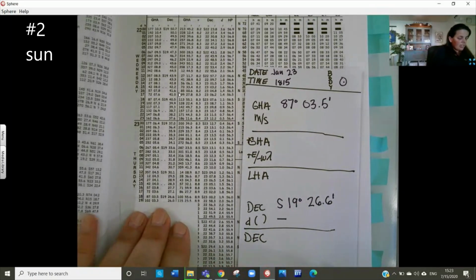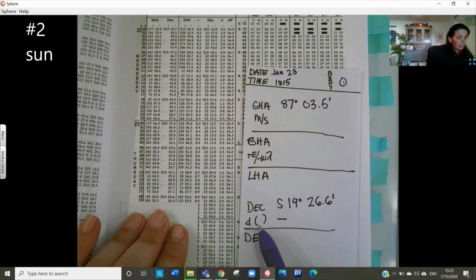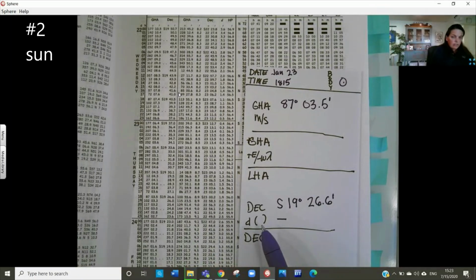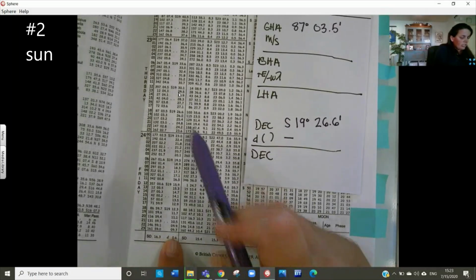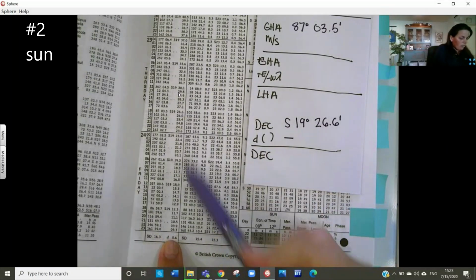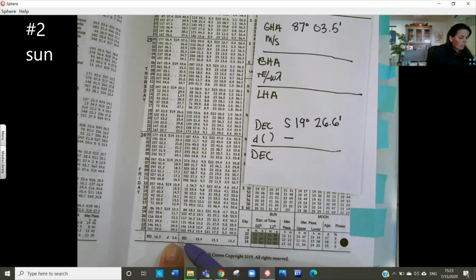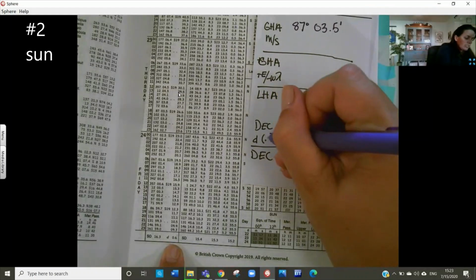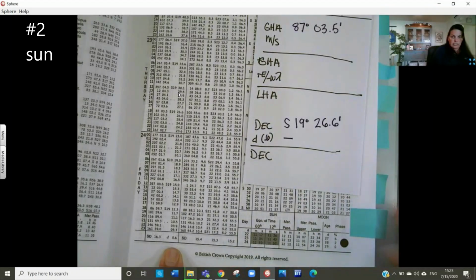And to get that correction, we have to have the little d. That's going to be down here at the bottom. So we're just going to follow it down. For all 3 days, we use the little d correction right there. So we're going to use 0.6 as our little d.